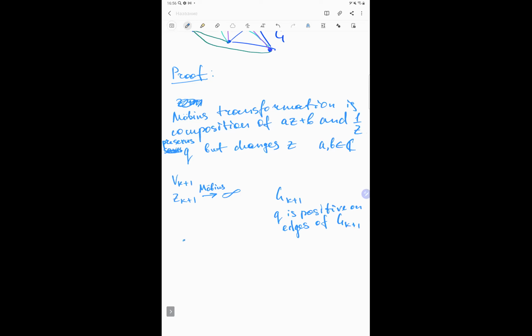So I would like to rephrase it. We had graph gk plus 2, and this was the vertex vk plus 1.